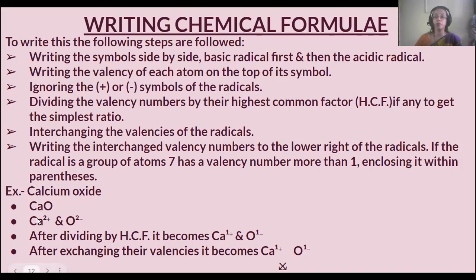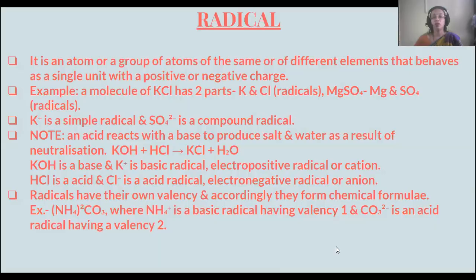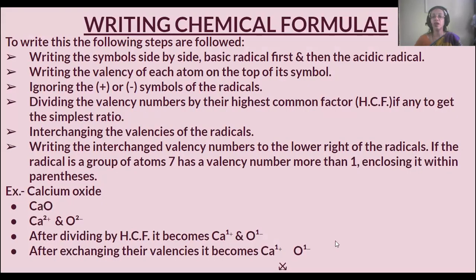If we divide by 2, we get 1. So calcium has 1 plus and oxygen 1 minus. Then after exchanging the valencies, it becomes CaO, and both of them have the same valency.